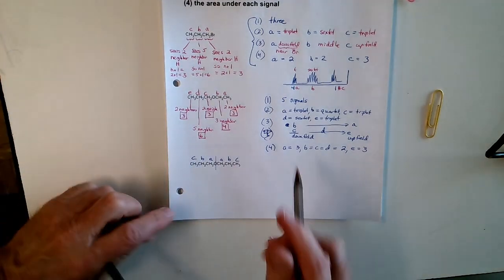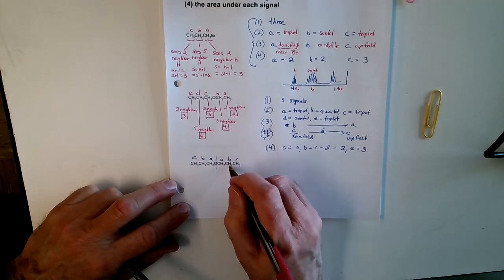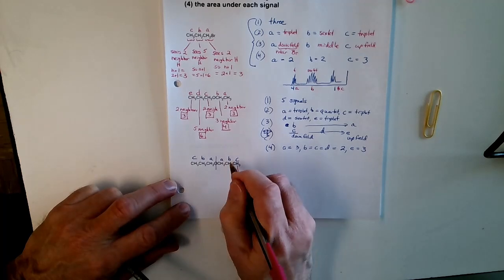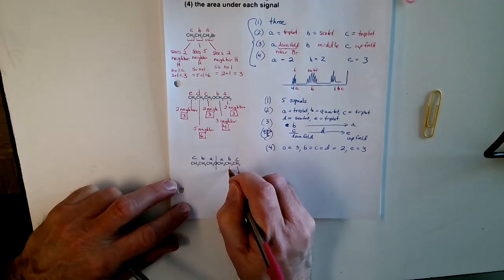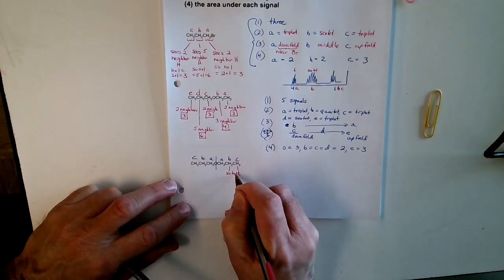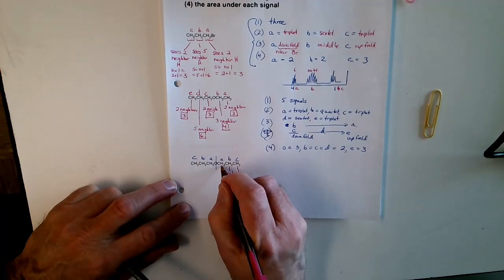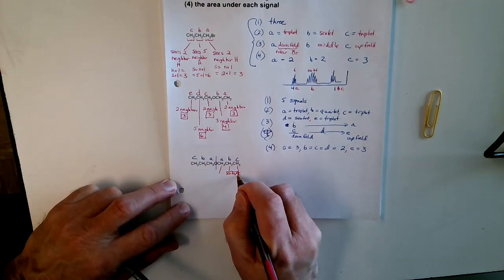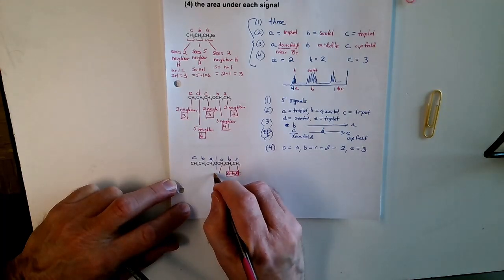This will be more abbreviated now. C sees 2 hydrogens, so this will be a triplet. B sees 5 hydrogens, so it'll be a sextet. A sees 2 hydrogens, so it's a triplet.